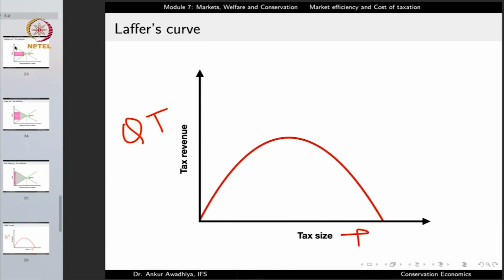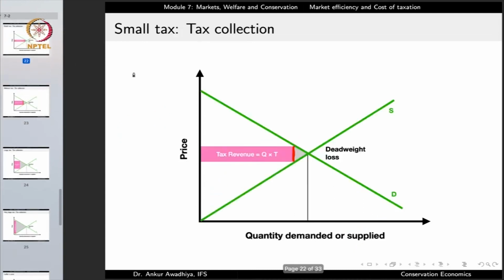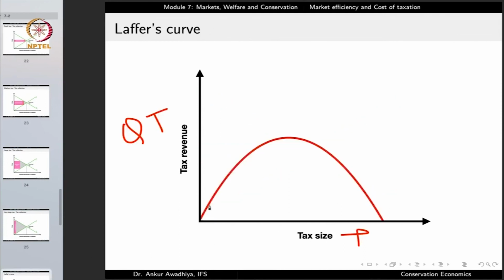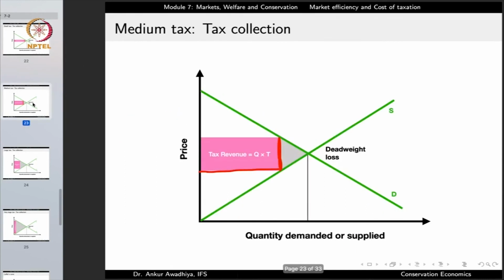What we were observing here, that in the case of a very small T, we were having a smaller value of the tax revenue. At a smaller value of T, at say this value of T, the tax revenue is this much. But when you increase the size of T, then the tax revenue is higher. So with increasing T, the Q into T increases.